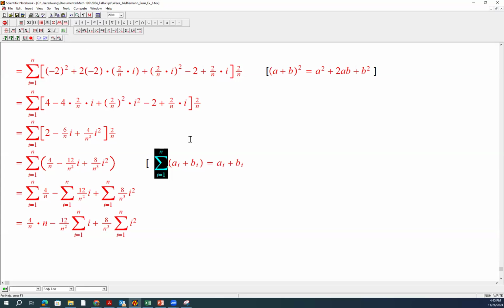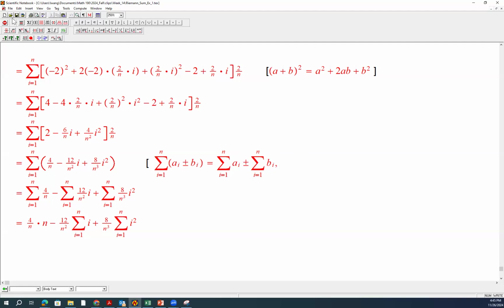So one summation notation, if it's addition, can be turned into the sum of summations. The summation of a sum is the sum of summations. The summation of a difference, if it's adding or subtracting, is the difference of summations.